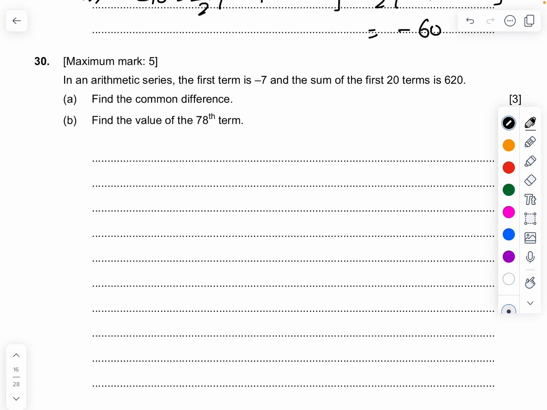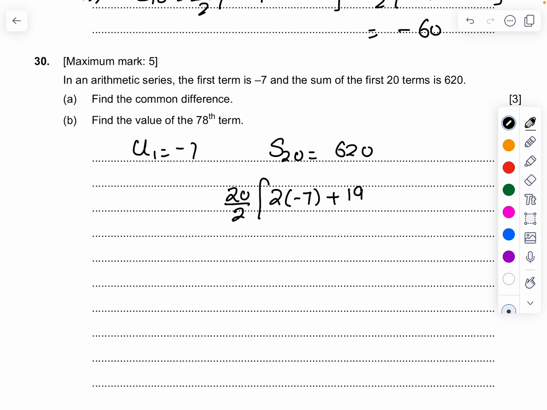Question number 30. An arithmetic sequence. The first term is negative 7. The sum of 20 terms is 620. Sum of 20 terms means 20 upon 2 times 2u1 plus n minus 1, 20 minus 1 is 19, times d equals 620. 20 upon 2 is 10.